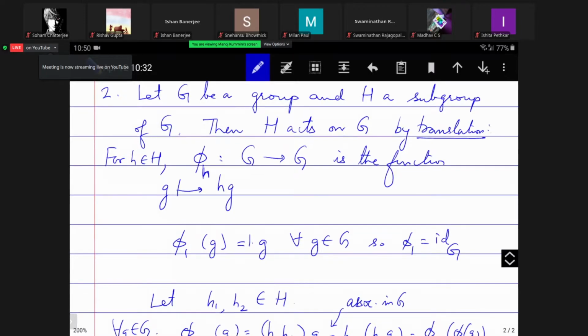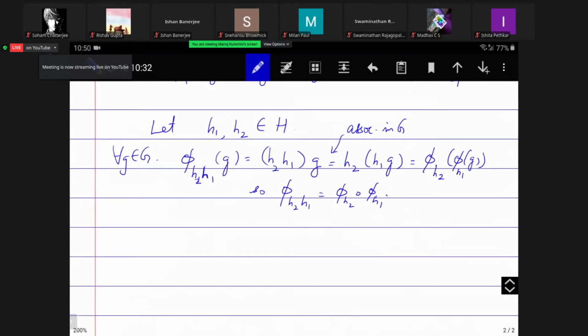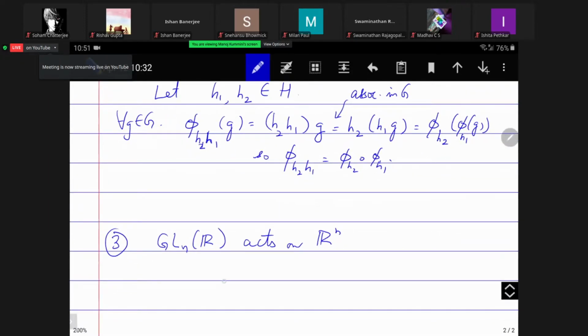So let's look at the next example. Again, these are all very natural things that we have seen earlier. It is just that we have not thought about them in this language. GLnR acts on Rn. What is the action?